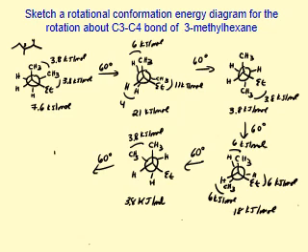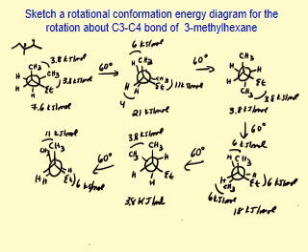Rotate another 60 degrees to another eclipsed, in which we eclipse the 2 methyls together, which is about 11 kilojoules per mole. This is about 6, and the 2 hydrogens are 4, giving us again 21 kilojoules per mole. Rotate another 60 and we're back to where we had started.